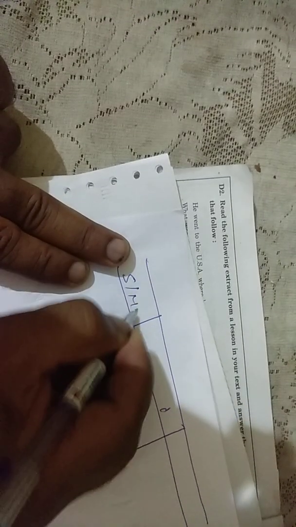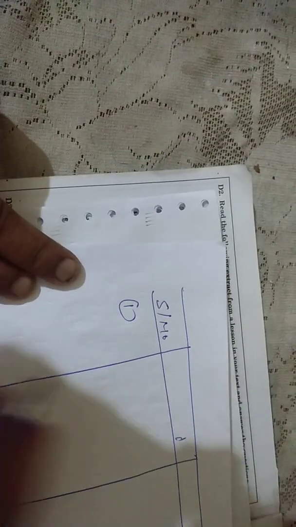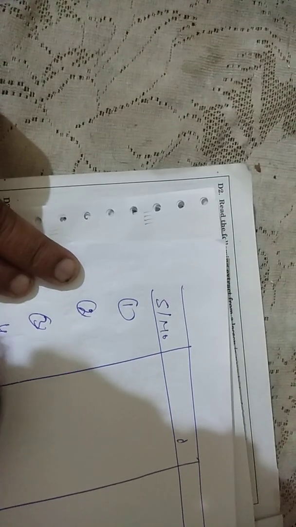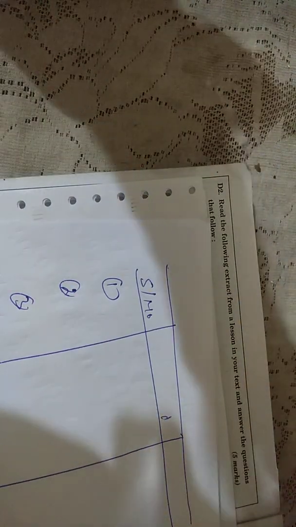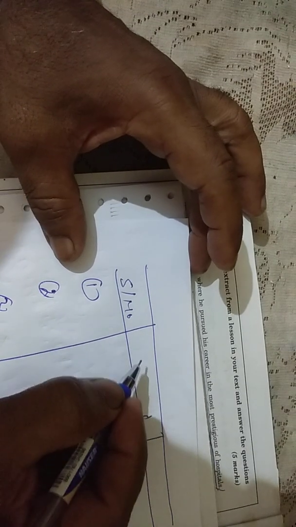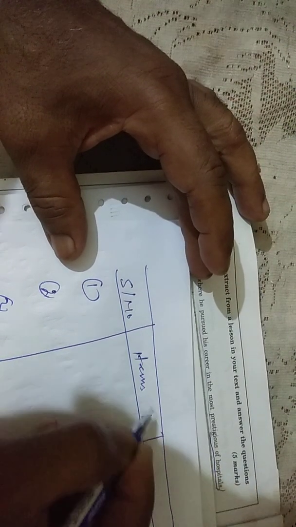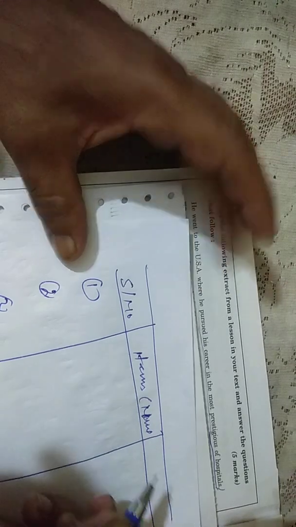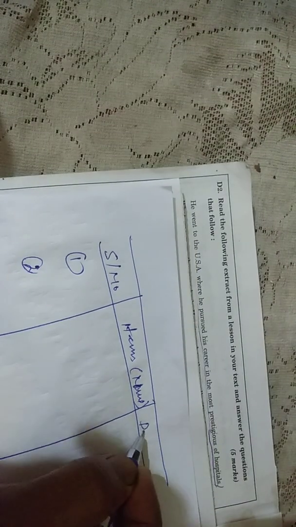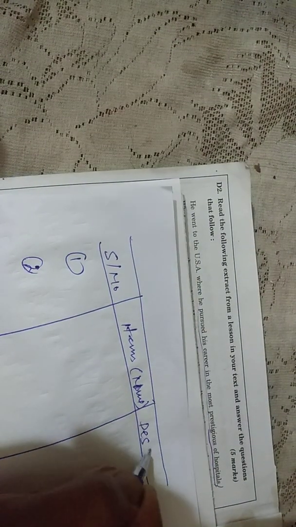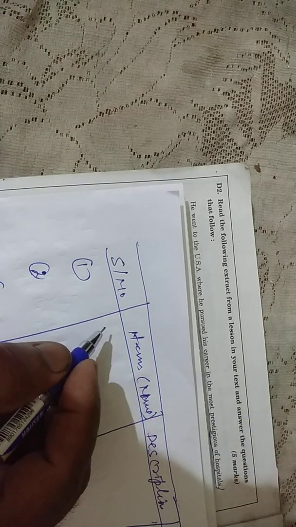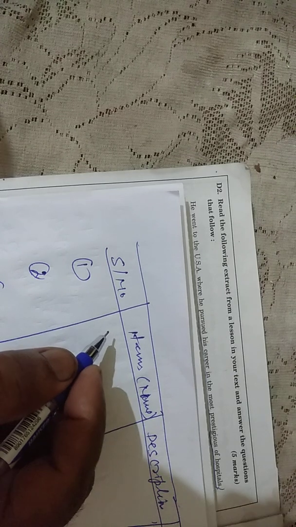Serial number 1, 2, 3, 4. Whatever items are mentioned, you have to write over here. Serial number, item name, description, quantity. For example, what items are required by the office in charge, Arpita?